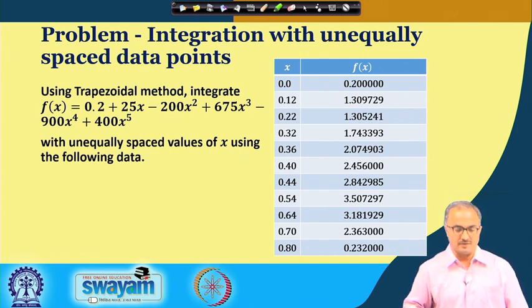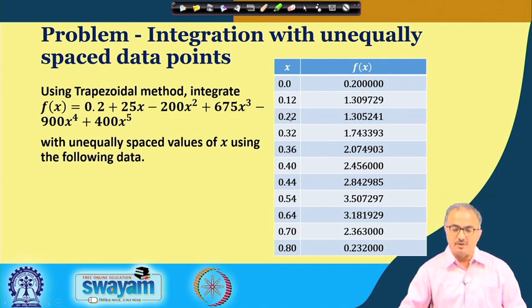with unequal intervals. So here we are given some kind of polynomial. This is a 5th order polynomial. Again, an analytical solution is very much possible. You can find the analytical solution for this polynomial. But you have to find the value numerically, and here you are given the f(x) value at some values of x, and you can see here that the intervals are not the same.